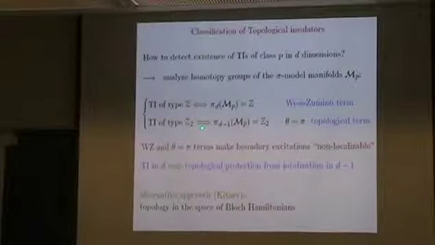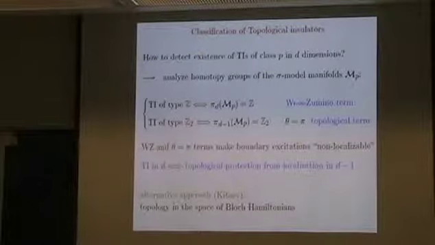And if the relevant homotopy group is Z2, then you can add the corresponding Z2 topological term, and therefore you may have a topological insulator. The Z2 topological term takes the values 0 or pi, so it is the pi topological term. That's exactly what emerged in graphene, in one-valley graphene with random potential.